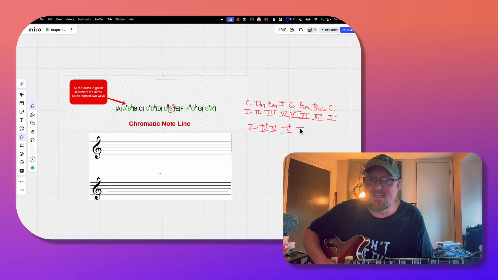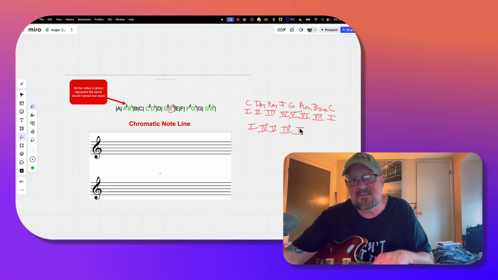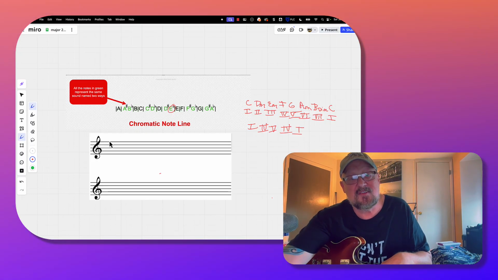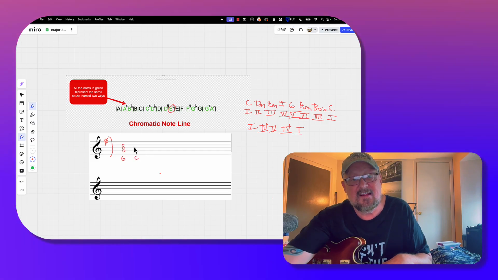Well, what if I wanted it in G? If somebody says, well, I don't want to play it in C, I want to play it in G. Well, how many sharps are there in the key of G? There's 1 sharp, F sharp. So what's the 1 chord in G? Well, the 1 chord in G is G major. On the guitar, that isn't the voicing, but those are the notes. So G would be 1. The 4 chord would be C, right?